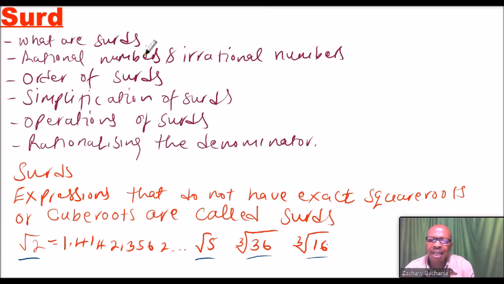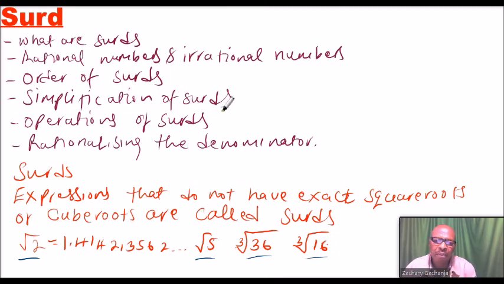So we have covered that. We also looked at rational numbers and irrational numbers, and we said irrational numbers are the same as surds. We have also looked at the order of surds, that is of order 2 when we have the square root, order 3 when we have the cube root, order 4 when we have the fourth root, and so on.